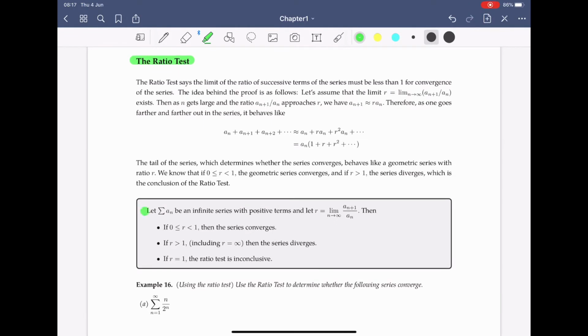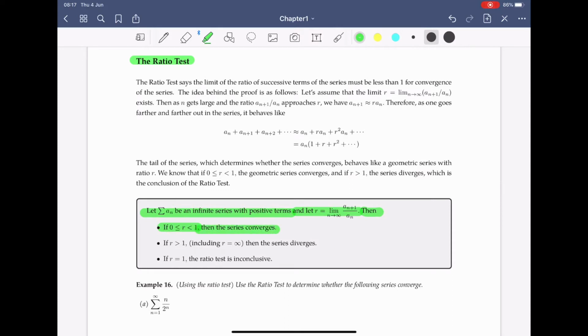Let summation a_n be an infinite series with positive terms, and let r be the limit of the ratio a_(n+1) over a_n as n goes to infinity. Then if the value of r lies between 0 and 1, including 0, the series is convergent.